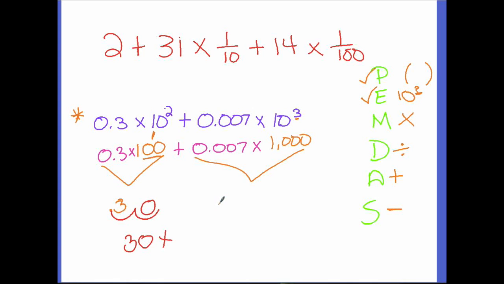So I'm going to move the decimal 3 times to the right. 1, 2, 3. So 7 thousandths times 1,000 equals 7. So what's 30 plus 7? 37.